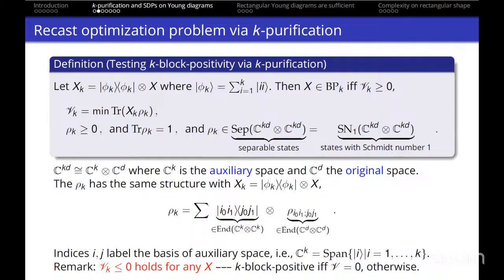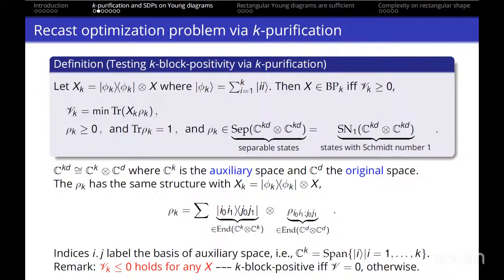No, the definition. I say this definition is for the optimization problem. Yeah, actually this is a theorem. I say this should be a very non-trivial theorem.